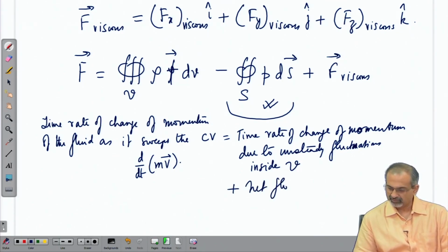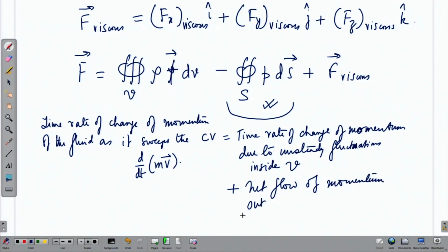And the other comes from the net flow of momentum out of the control volume across the control surface.